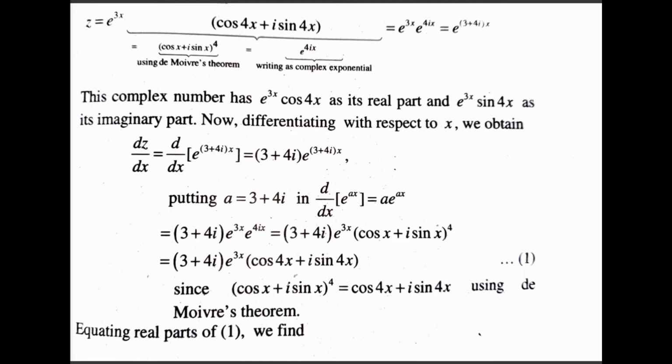Therefore, (3 plus 4i) into e raised to 3x into e raised to 4ix, that is (3 plus 4i) into e raised to 3x into (cos x plus i sin x) the whole raised to 4. By using De Moivre's theorem it can be written as cos 4x plus i sin 4x.